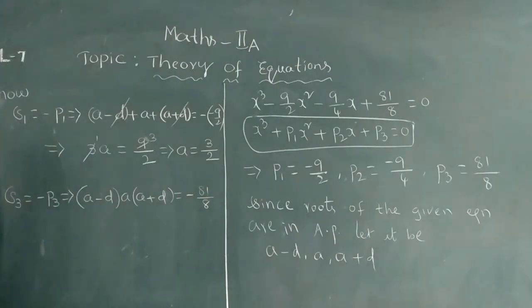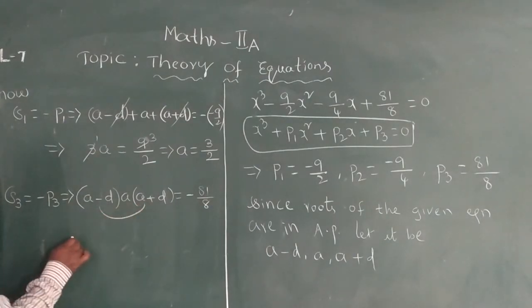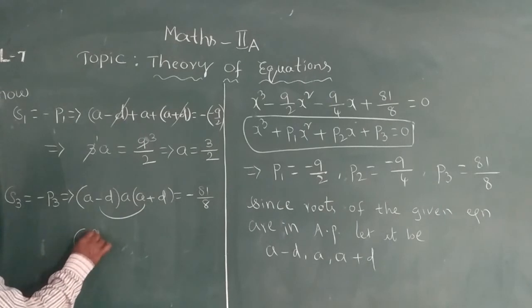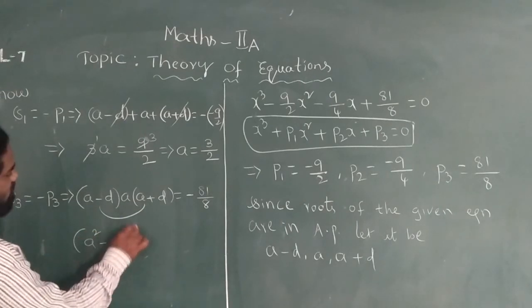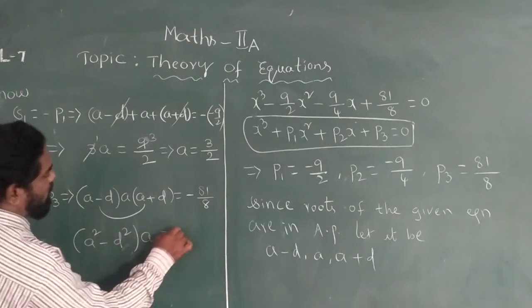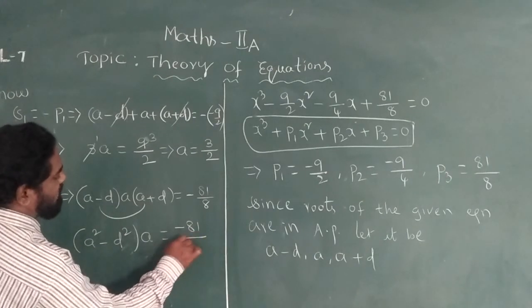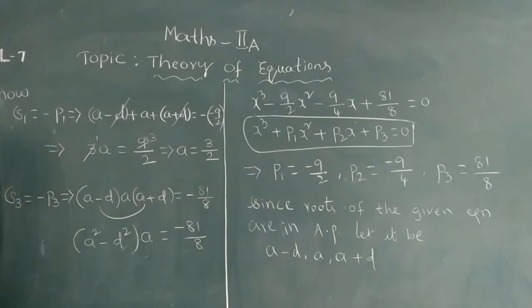Now a plus d into a minus d gives a square minus d square, into a, equal to minus 81 by 8.